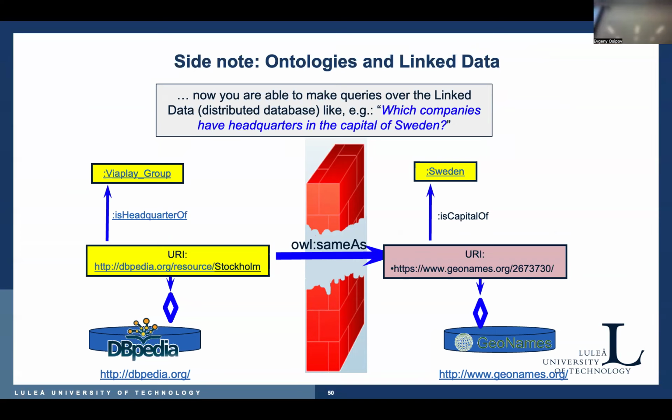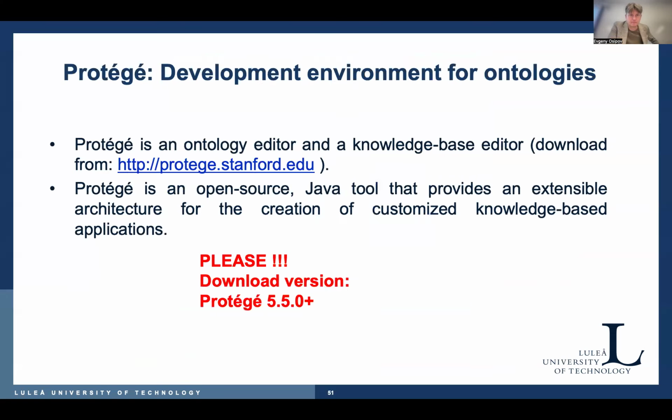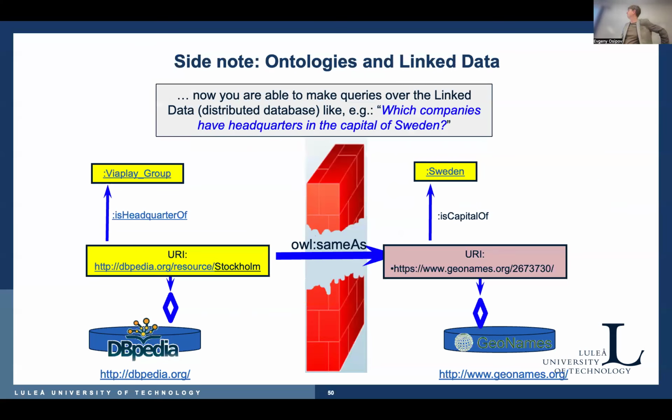In this case, for example, you can perform a query on these two knowledge bases, on information which is present in both ontologies. We will see some examples of queries tomorrow when talking about SPARQL, which is a query language.